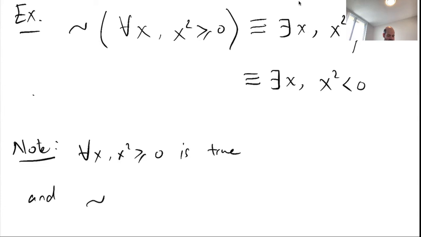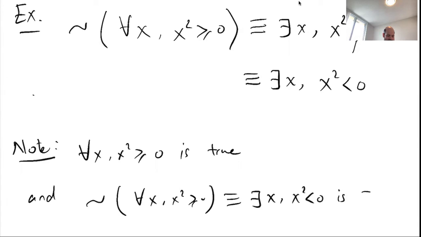And the negation of it, which as we said is the same as there exists X with X squared less than 0, is false. There exists X with X squared less than 0 is false because there is no X such that X squared is less than 0.